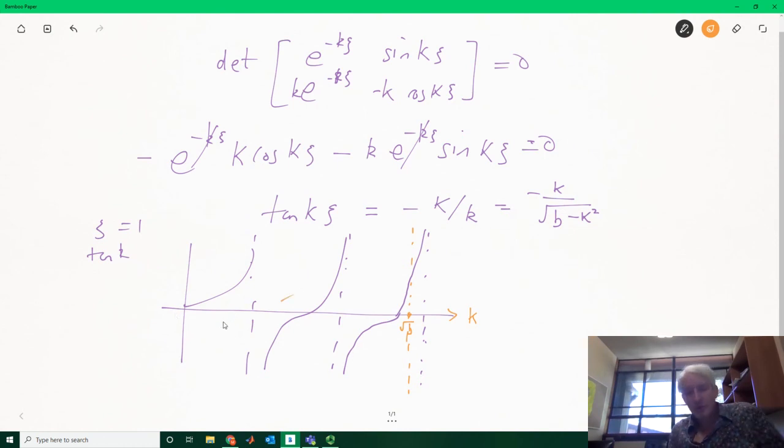And when kappa is equal to 0, this thing's negative down here at 0. And that doesn't count. We're not interested in the solution when kappa is equal to 0. It's a degenerate case. It's not a solution to our equation. So it comes down and it goes asymptotically down like that.